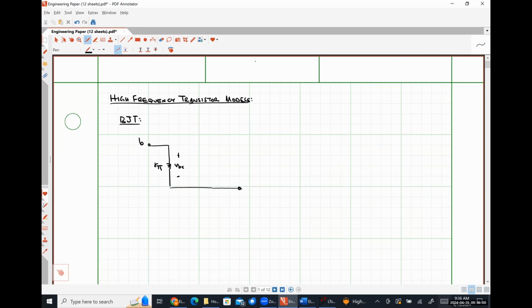Here's where we're going to have our emitter terminal. Here's gm VBE in parallel with R naught. And then over here is our collector terminal, right?